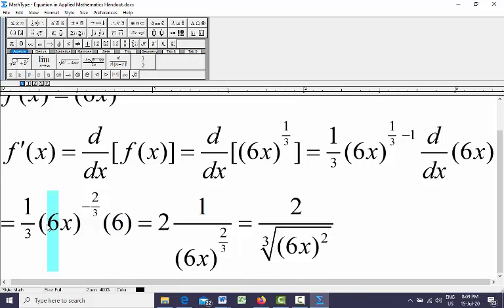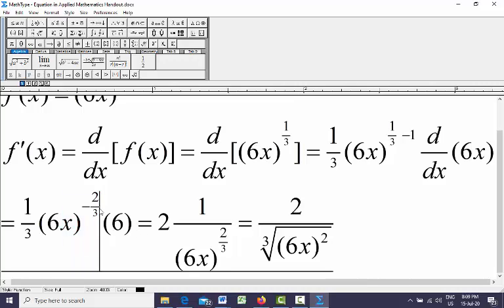You cannot multiply because this 6 is not alone. This 6 has a power over it. Again, you cannot multiply this 6 with this 1/3, because this 6 is not an isolated number. It has a power over it, right? So always remember, please don't make this type of mistake in the exam.